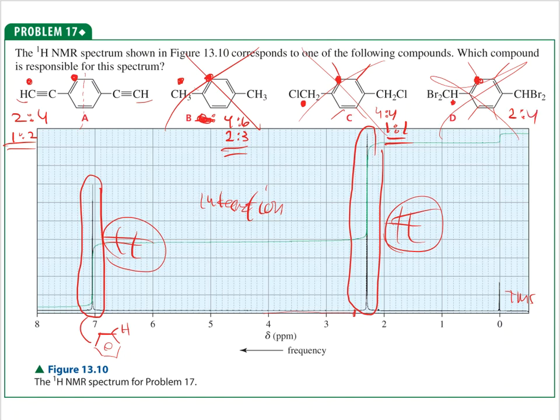So that is also a 4 position. And that 2 to 4 will break down to a 1 and 2 position. So I could use maybe the integration to help determine if I've got the right answer or not. But keep in mind that the bromo group has the same integration ratio as the alkyne group. They're both 1 to 2s. The difference is that the alkyne would have a different signal than the bromine.